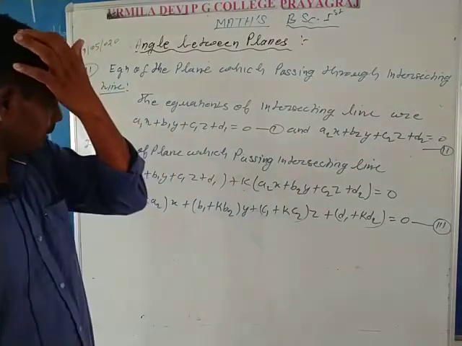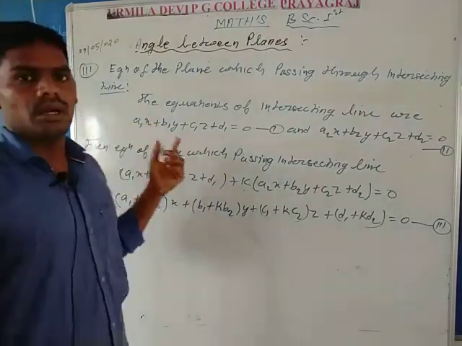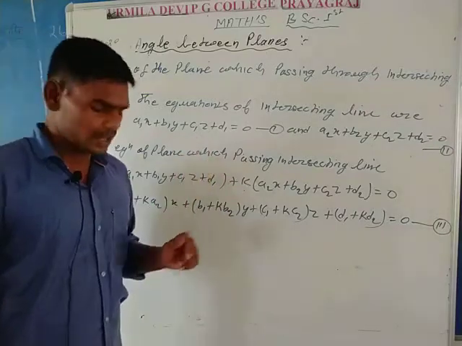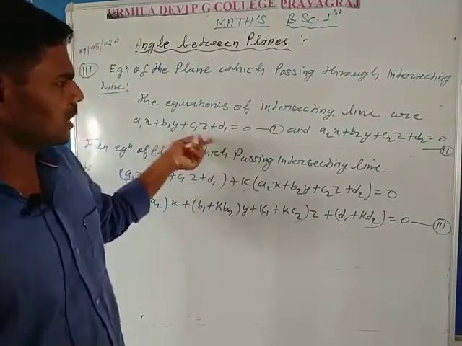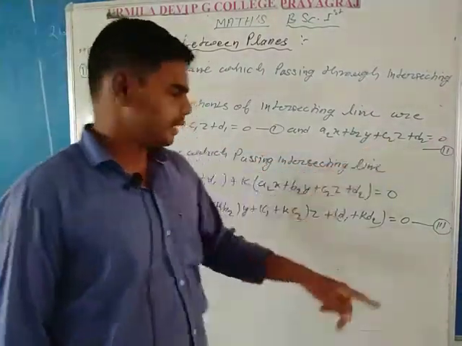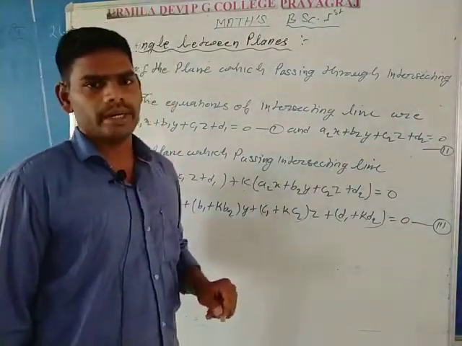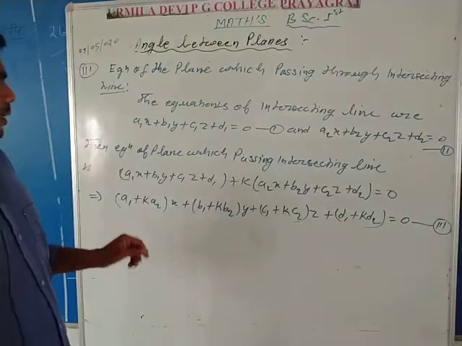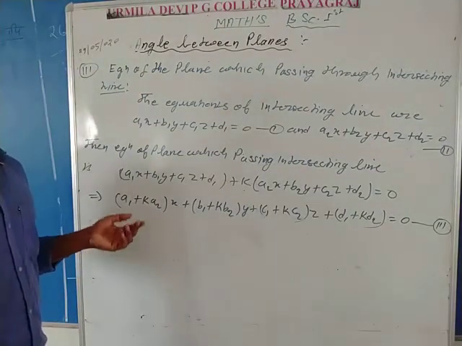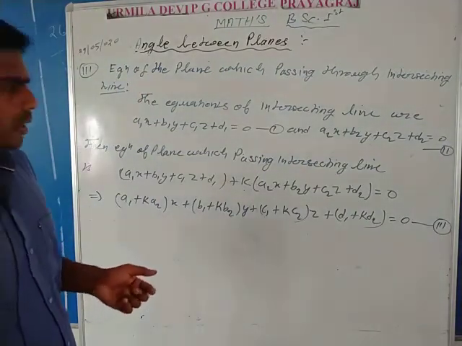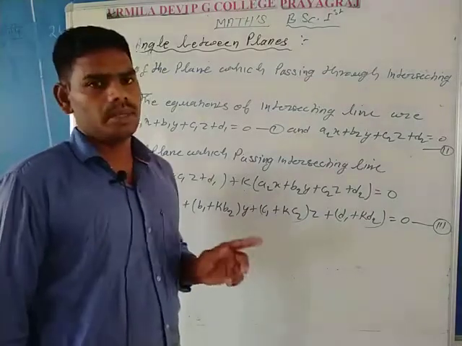Here, the intersecting line is the line formed by the two intersecting planes, first and second. In this equation, k is an unknown quantity. Therefore, you use some additional condition given in the question to find the value of k.